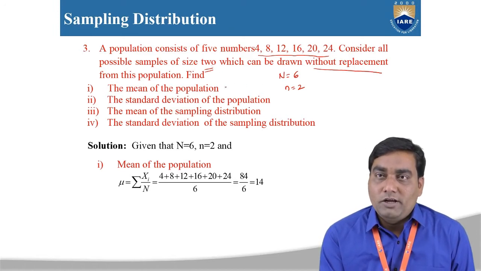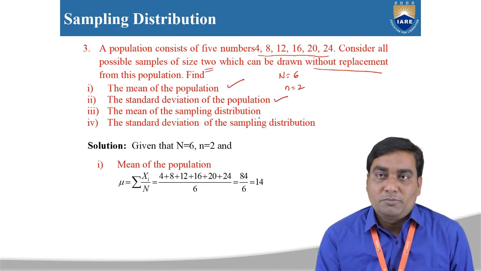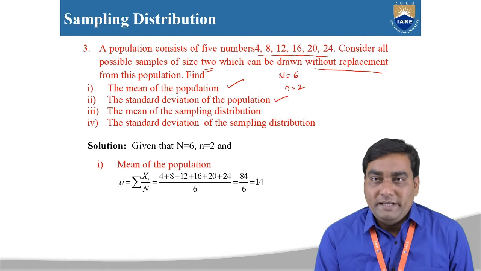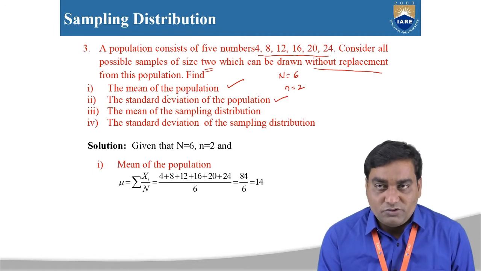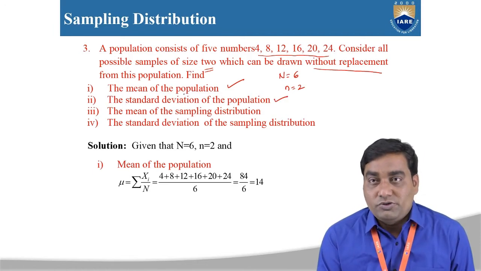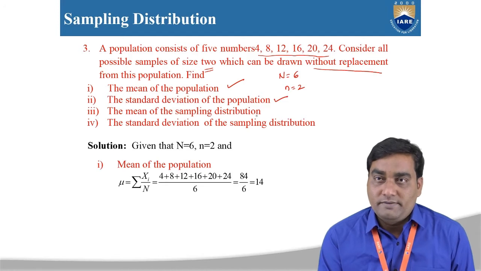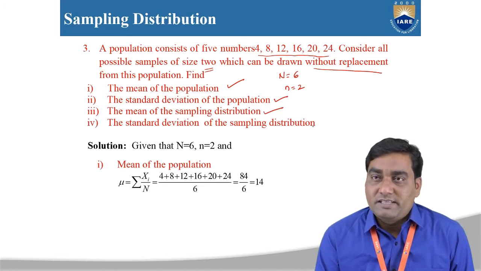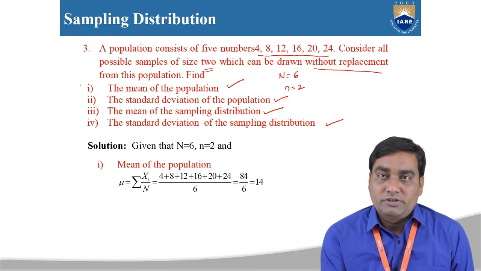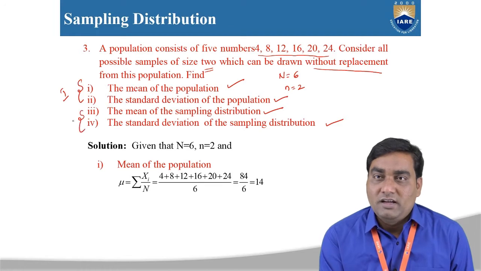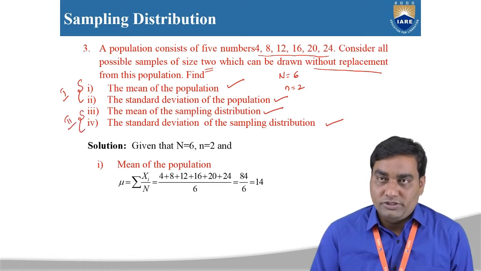We are going to find the mean of the population and the variance of the population, then only we get the standard deviation. And the mean of the sampling distribution, similarly the standard deviation of the sampling distribution. These two are related to the population and these two are related to the sampling distribution.